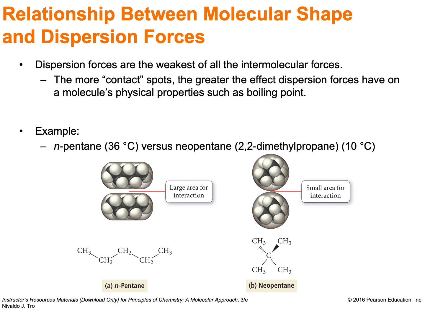A is n-pentane, which is a long hydrocarbon, and B is neopentane, which is more of a boxy hydrocarbon. The difference is in terms of surface area: you have a larger area for interaction in molecule A, n-pentane, than you do in molecule B. So you would expect the dispersion forces to be higher in n-pentane than in neopentane.